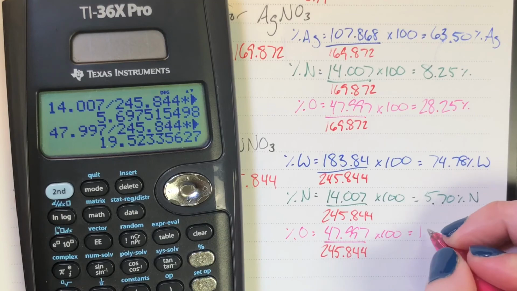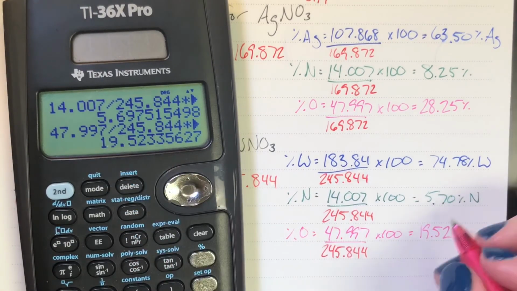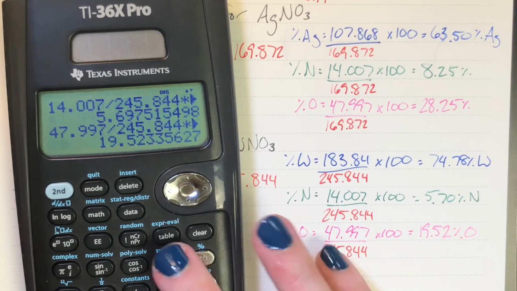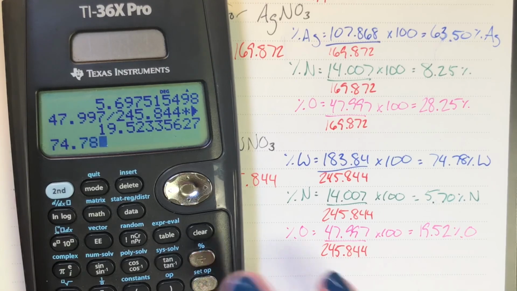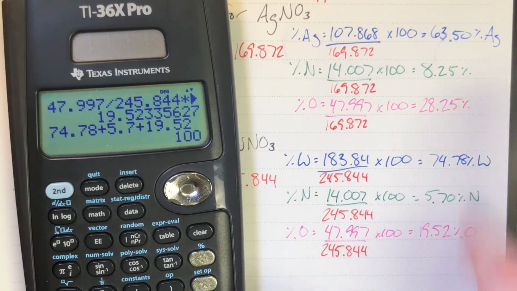And that gives me 19.52. 3 doesn't make me round up, percent oxygen. So then I'm just going to check to make sure everything's good. So 74.78 plus 5.7 plus 19.52 gives me exactly 100. So these are correct.